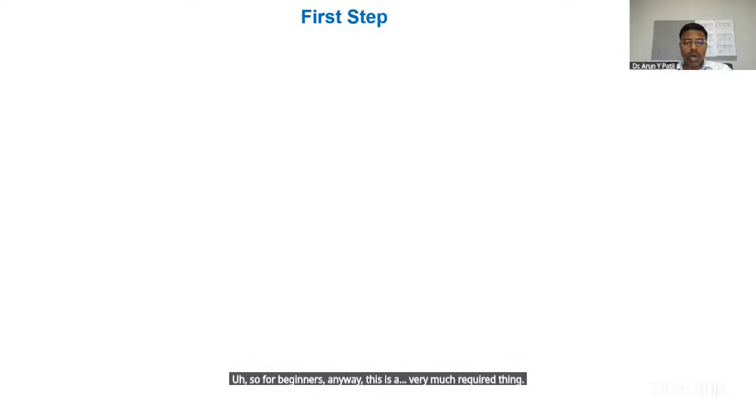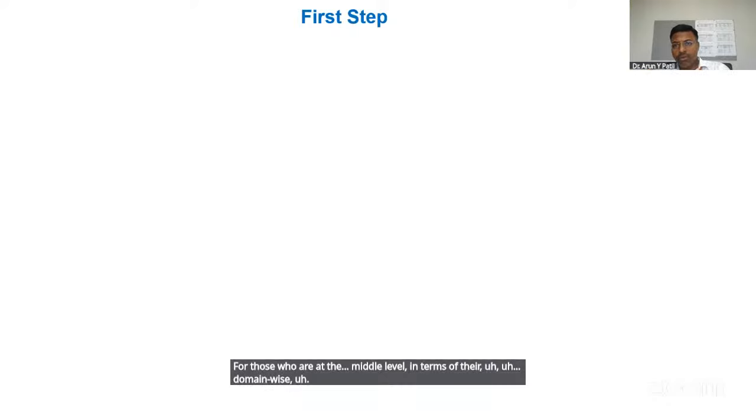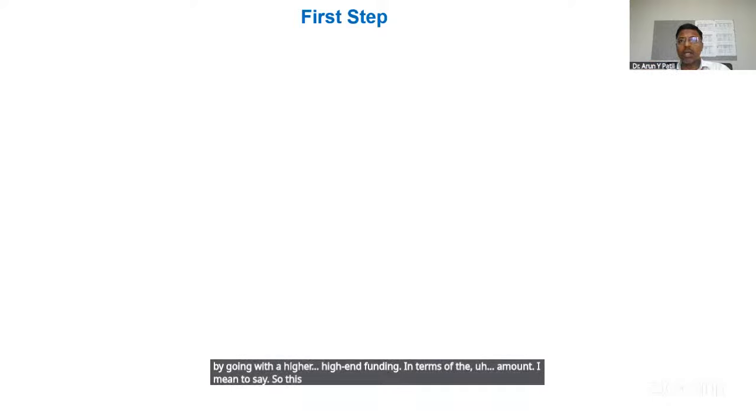For those who are at the middle level in terms of their domain, they have achieved to a certain extent, but they want to achieve higher accolades by going with high-end funding in terms of the amount. So this can be something like you are going beyond 1 crore funding.